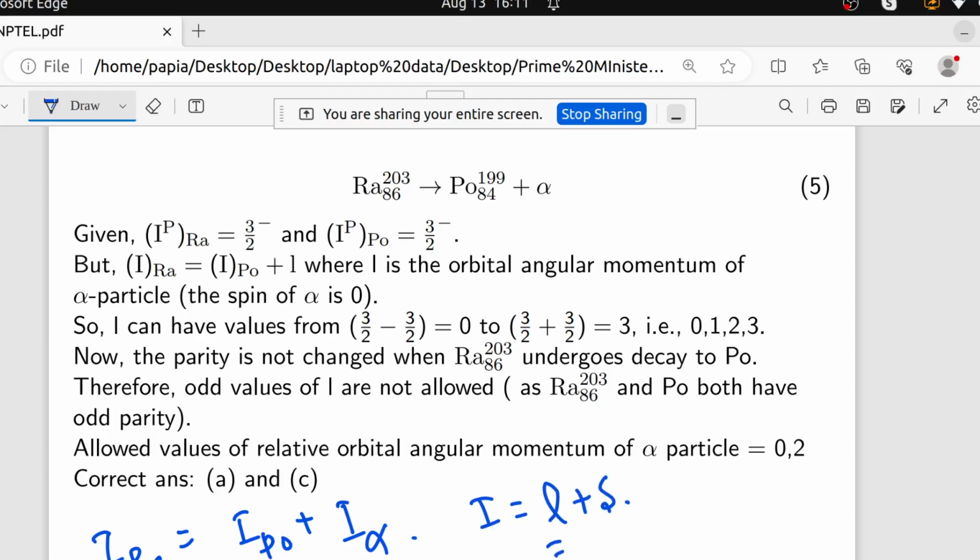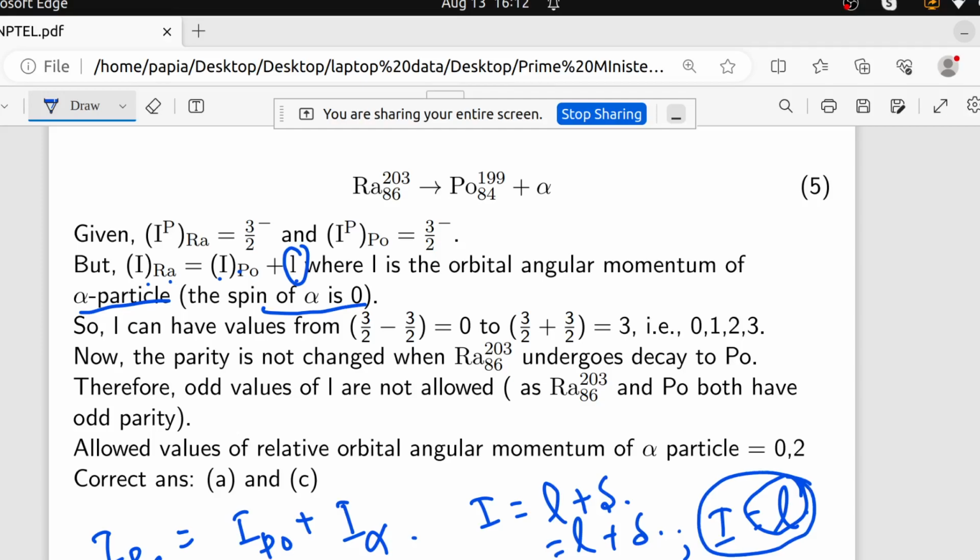So the total angular momentum means the orbital angular momentum and the spin angular momentum. But for alpha particle, spin of alpha is 0. That means for alpha particle I is nothing but L. So if I write here, it is I of RA equals I of PO plus L of alpha. We can also write I of alpha, but I of alpha is replaced by L of alpha, because I equals L for alpha particle.